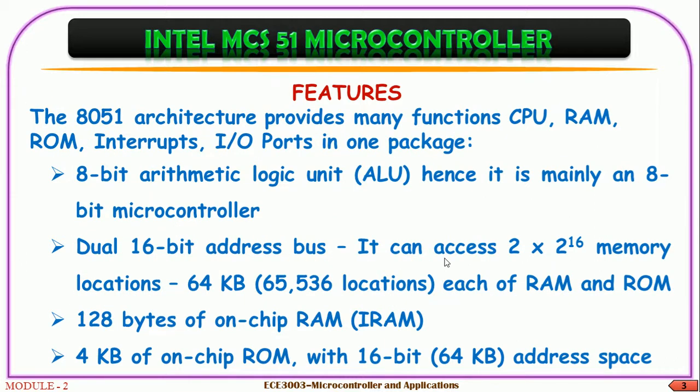The general features of 8051 microcontroller are: it has an 8-bit arithmetic logic unit, hence it is mainly an 8-bit microcontroller. It has a 16-bit address bus, that is 2 power 16 memory locations, which is equal to 64 kilobytes each of RAM and ROM. 128 bytes of on-chip RAM and 4 KB of on-chip ROM are available in the microcontroller.